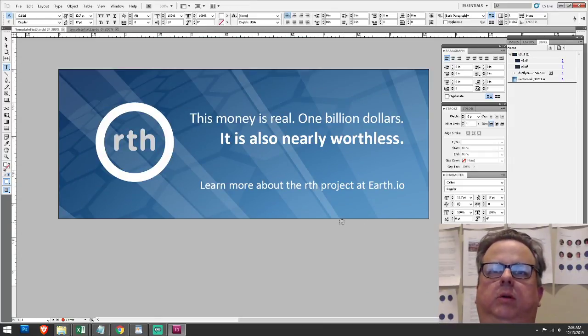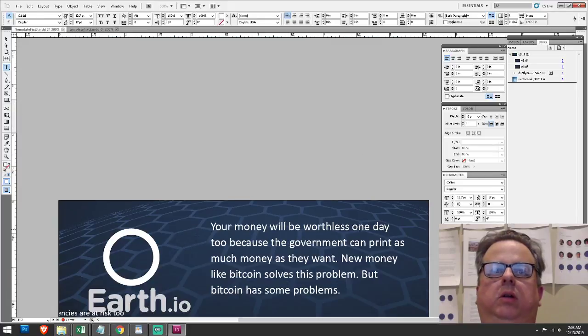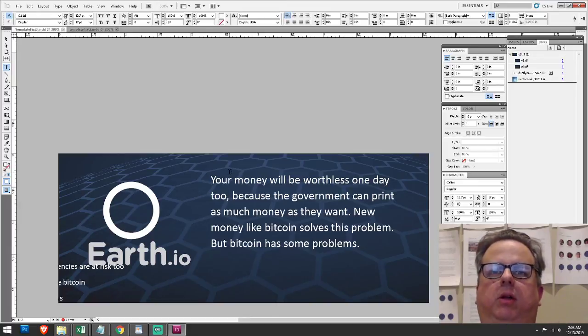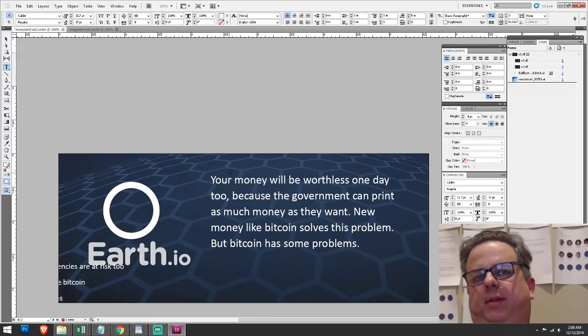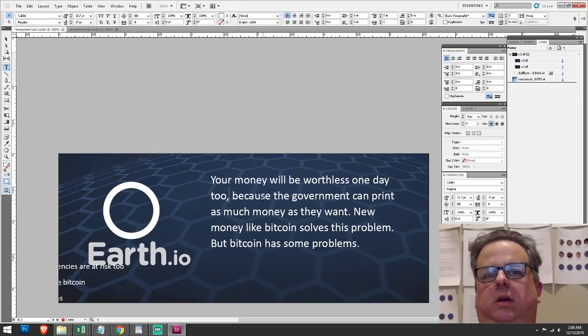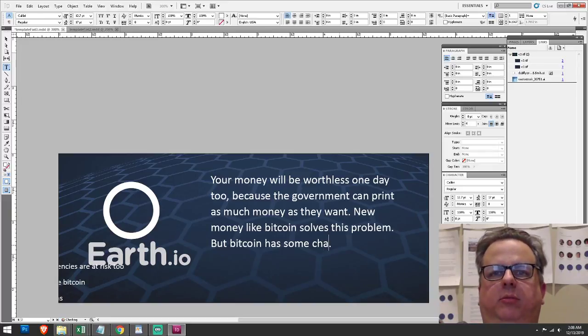This money is real, $1 billion. It is also nearly worthless. Learn more about the Earth Project at earth.io. And then you flip it over: your money will be worthless one day too, because the government can print as much money as they want. That's only part of the reason, but again, it's the 8-year-old thing. New money, like Bitcoin, solves this problem. But Bitcoin has some challenges.